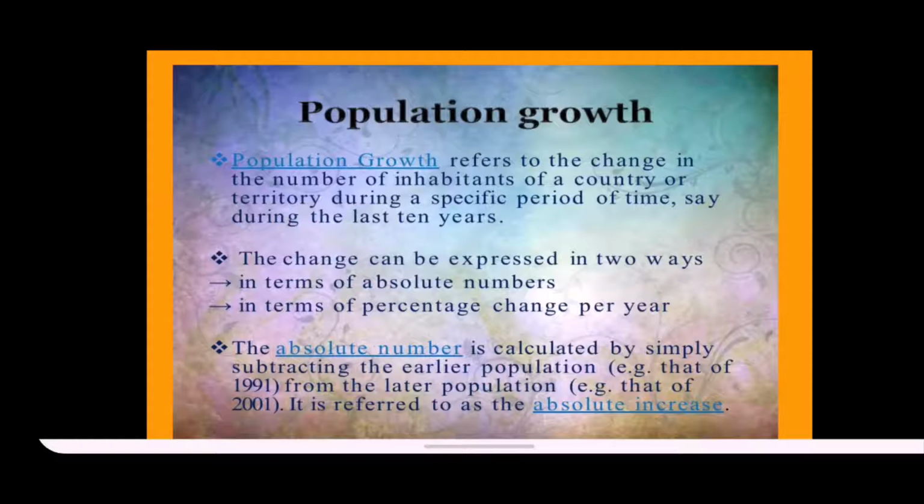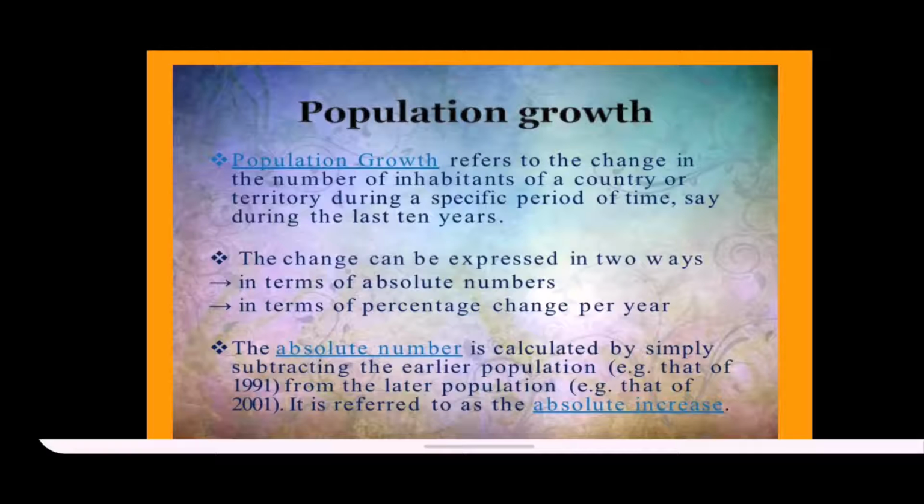If the result is a positive number, the population has increased. If it is a negative number, the population has decreased by that number. This is how we calculate absolute numbers. That is, absolute number is one way to express population change, obtained simply by subtracting the population of the earlier day from the population of the later day.